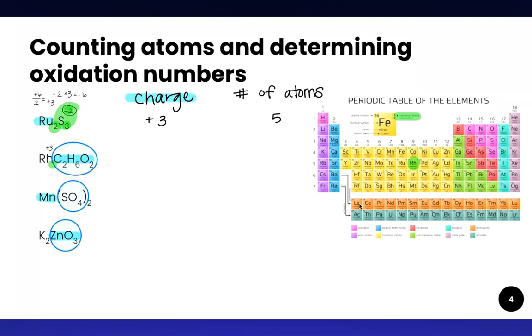So the charge on this one is negative 3. The number of atoms here are 1 rhodium plus 2 carbons, 6 hydrogens, and 2 oxygens. So that is 3, 9 plus 2, that's 11 atoms.